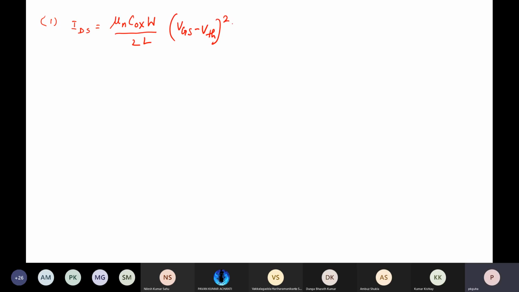We know that this is the current in the saturation region of the FET, the drain source current. If we scale it down, Cox will change, because what is Cox?